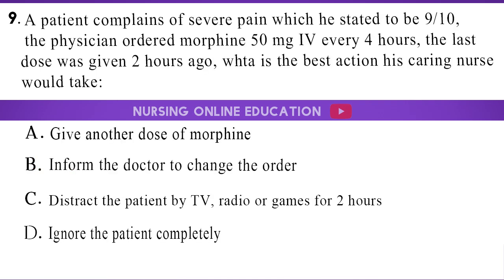9. A patient complains of severe pain which he stated to be 9/10. The physician ordered morphine 50 milligrams every 4 hours. The last dose was given 2 hours ago. What is the best action his caring nurse would take? A. Give another dose of morphine. B. Inform the doctor to change the order.